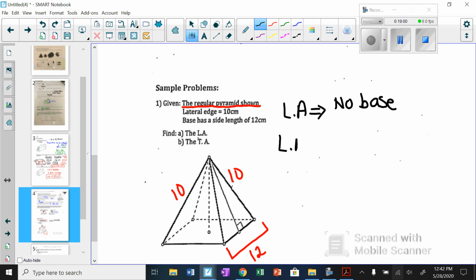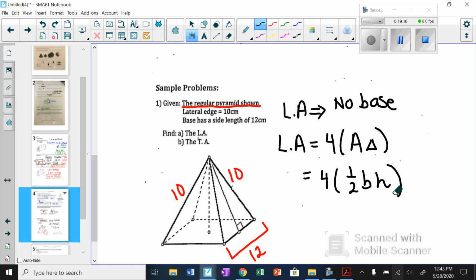So lateral area is going to equal 4 times the area of a triangle. So that's going to be 4 times half the base times the height. Well, the base of the triangle is 12. The height is not 10. Remember, the height has to be made with a right angle. So we need to find that height.